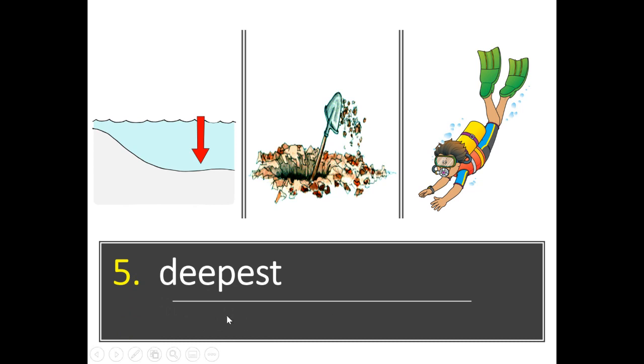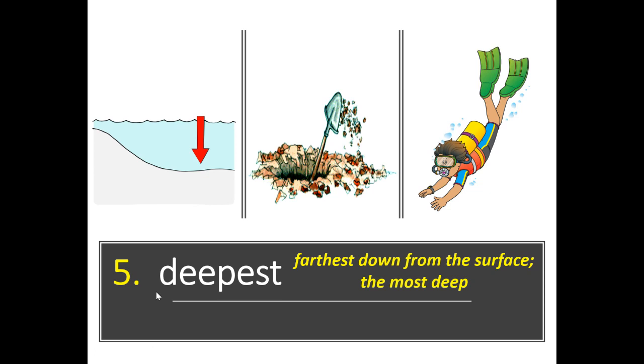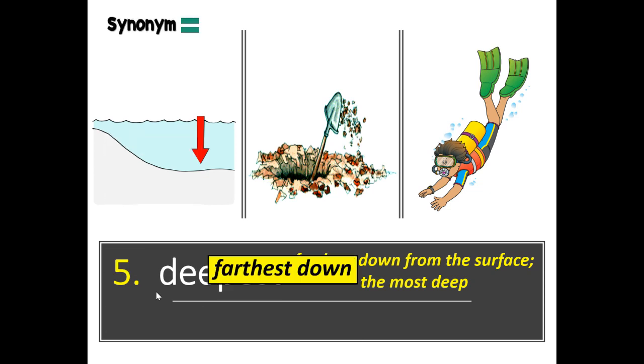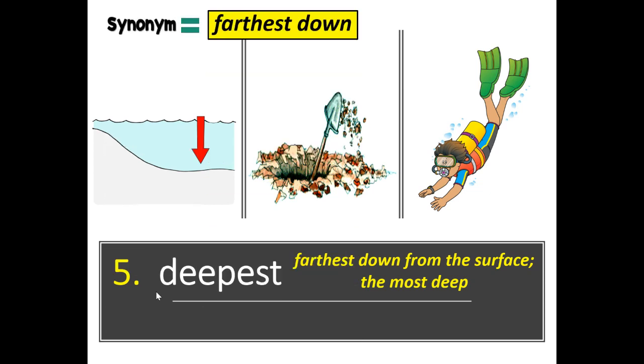The root word is deep, D-E-E-P, and then you put EST at the end, deepest, farthest down from the surface, the most deep. Farthest down from the surface, the most deep.